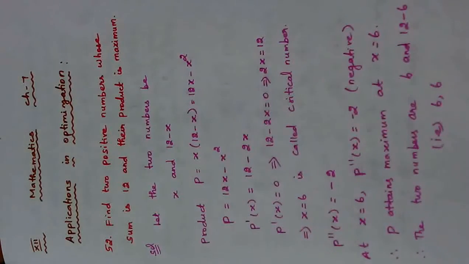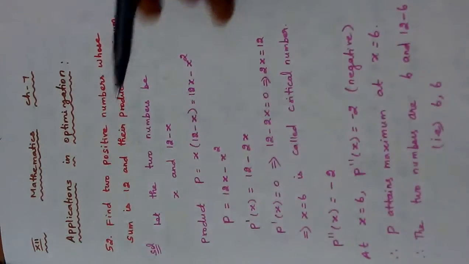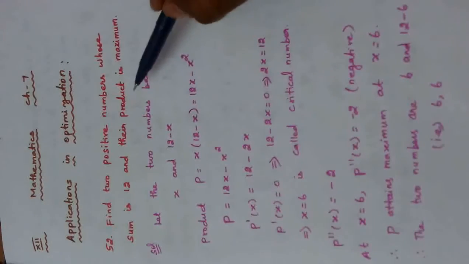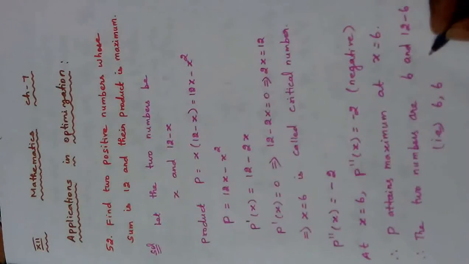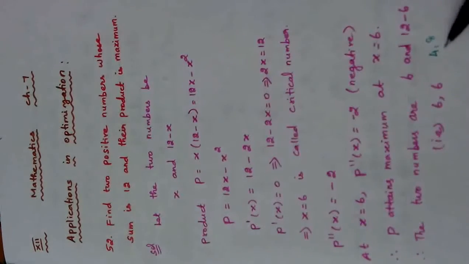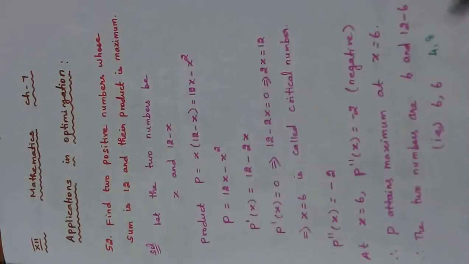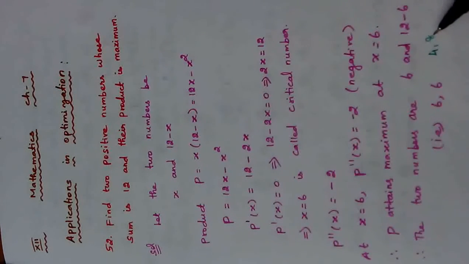Shall we check whether the answer is correct or not? You just take this. What is 6 plus 6? 12. So sum is 12. Product is maximum. Suppose if I am taking 4 and 8, then also the sum will be 12. 4 plus 8 will be 12. But what is product? 4 into 8 is 32. Here see the product, 6 into 6, 36.